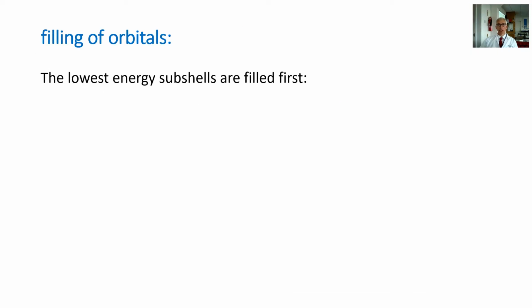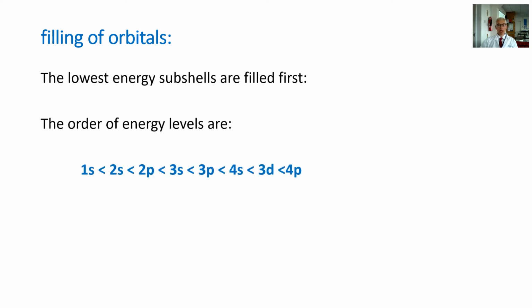So let's discuss the order of filling of the orbitals and subshells. The lowest energy subshells are filled first. So we need to have an order for the energy of the subshells. And not surprisingly, the lowest energy subshell is 1s, then 2s followed by 2p, so the second shell is split into 2s and 2p.